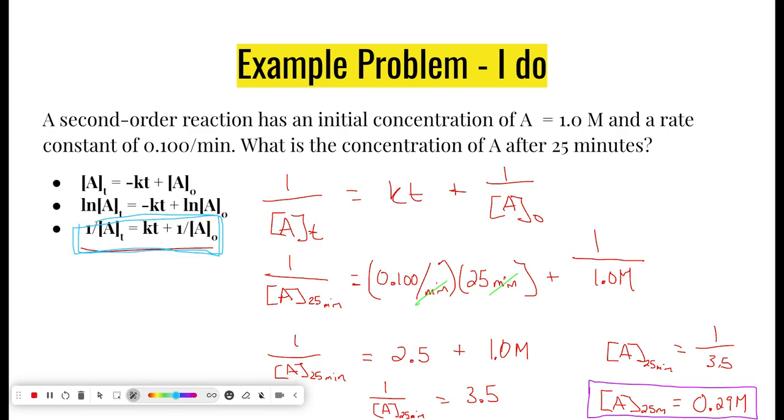I would say the simplifying of this is probably the most difficult part of the problem. The chemistry portion of it is straightforward. You just have to be able to recognize what integrated rate law to use, then plug in your numbers appropriately. Like I said, it's more the simplifying that might trick you up here, but nonetheless, it's just that straightforward. Okay, let's continue on.